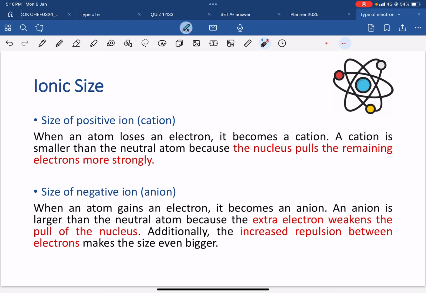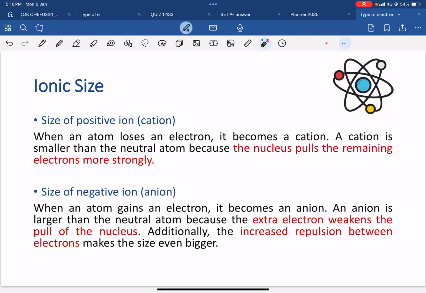Okay, but then elektron dah kurang jadi 10. Therefore, okay, the nucleus has a stronger pull towards the electron. So that's why electrons are getting more attracted towards the nucleus. So the size becomes smaller.